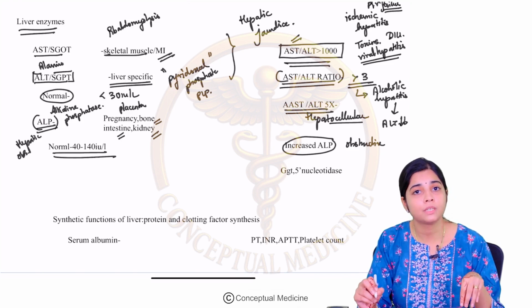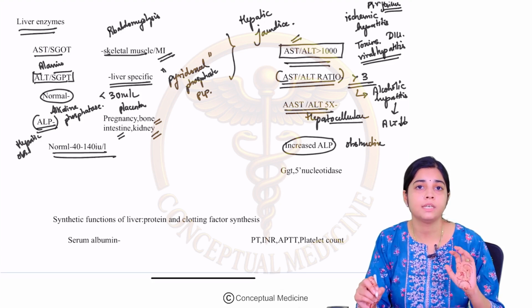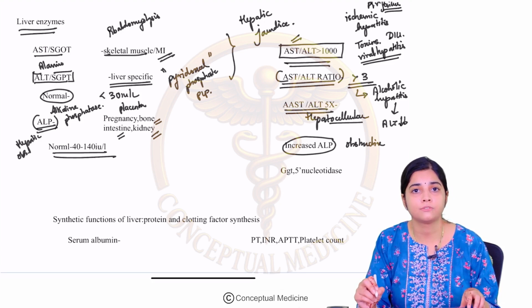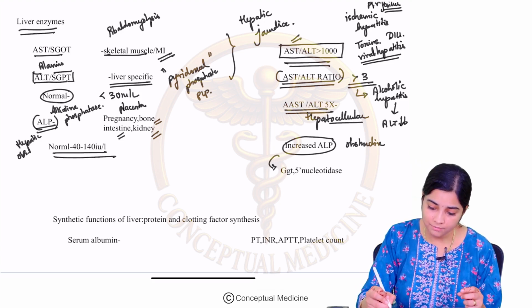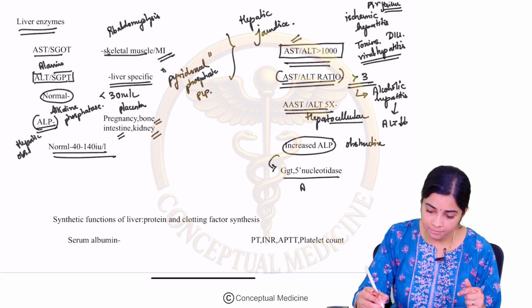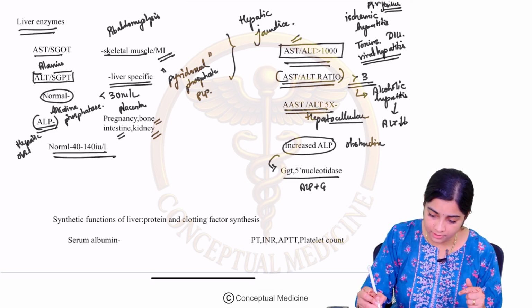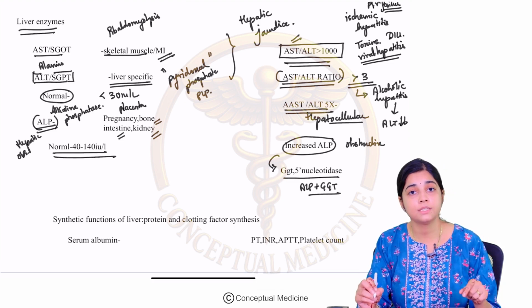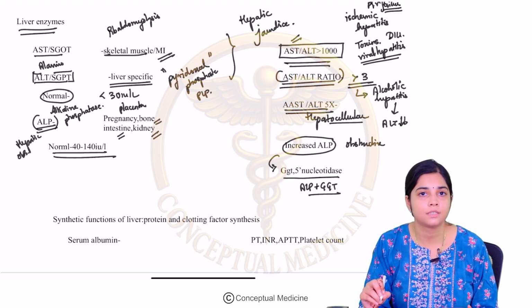Now, when will you think that this ALP elevation is also because of liver injury? That happens when ALP is elevated along with GGT and 5' nucleotidase, right? So this ALP with GGT elevation is more suggestive of liver related damage.